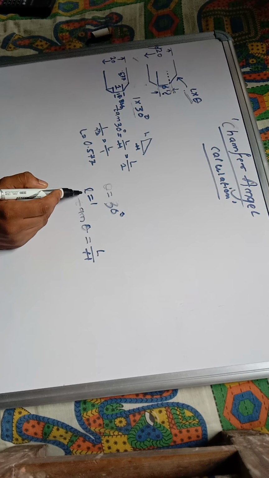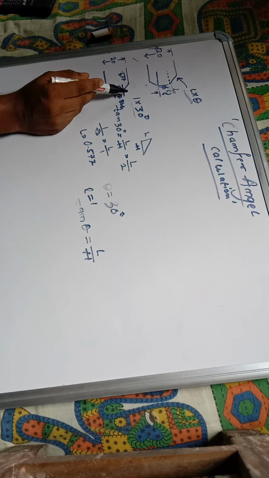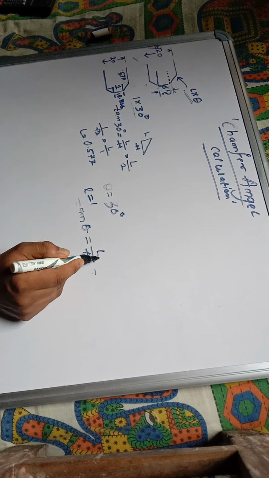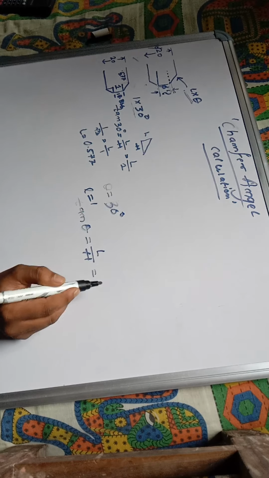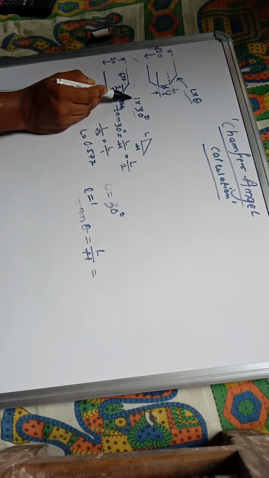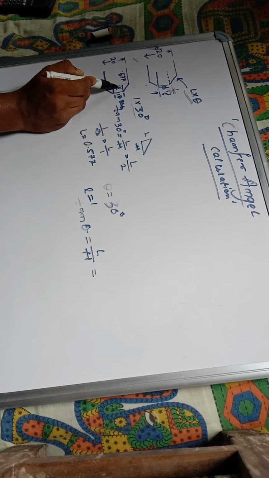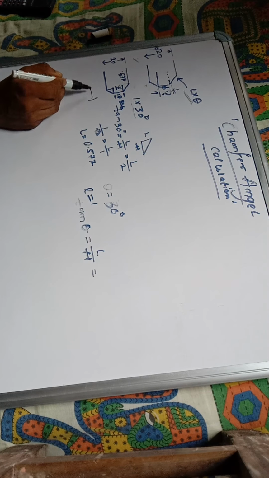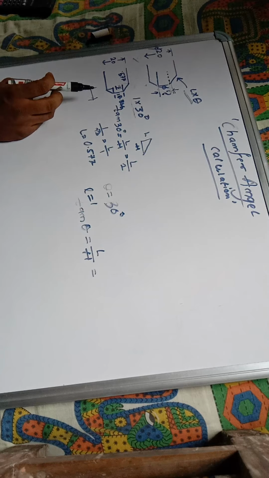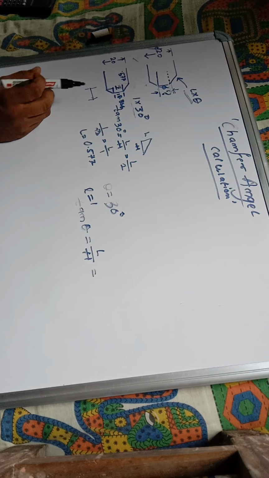What is the length? The length is the one which will be calculated here. And the one is this distance, the horizontal distance. So what is the value of the horizontal distance? That is 1.